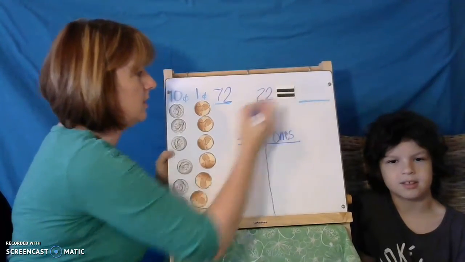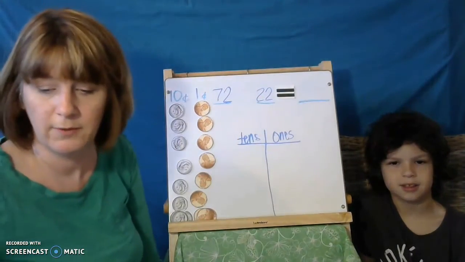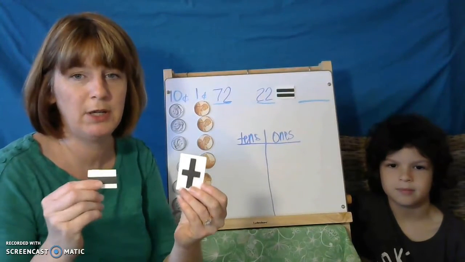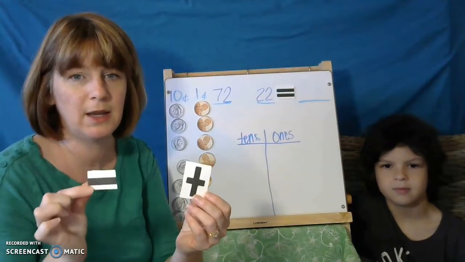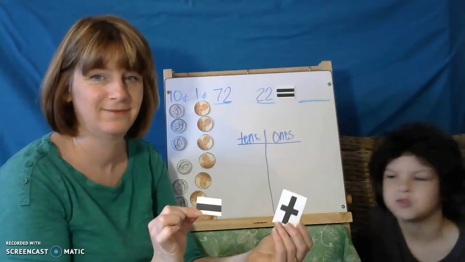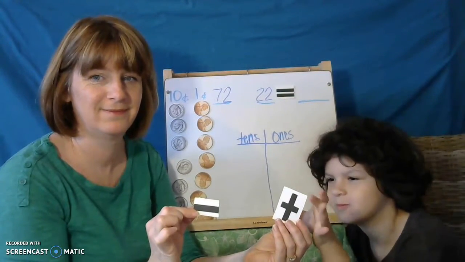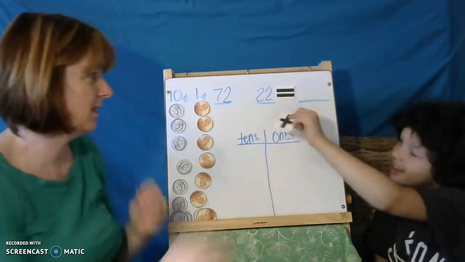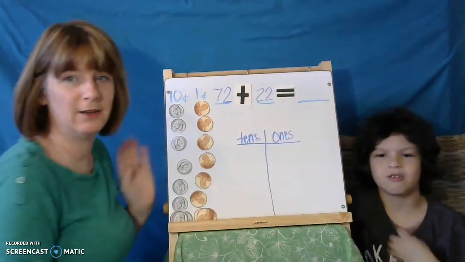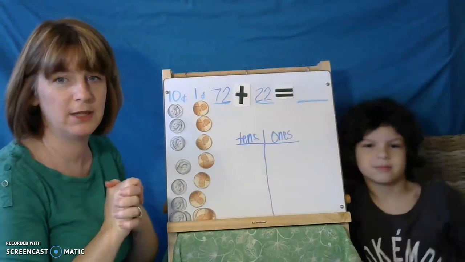I got 22 cents for you." So if we're getting more, should we be using the plus sign and putting together, or using the minus sign and taking away? Yeah, the plus sign, you're right. So we're going to be adding if we're getting more and we're putting them together.